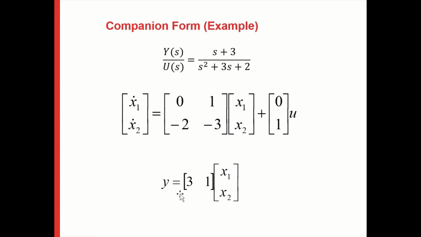And then these numbers go along here in reverse order with positive signs, so it's 3 and 1. And so we go quickly from our transfer function to our state space. So we'll do some more examples of these as a little tutorial next.